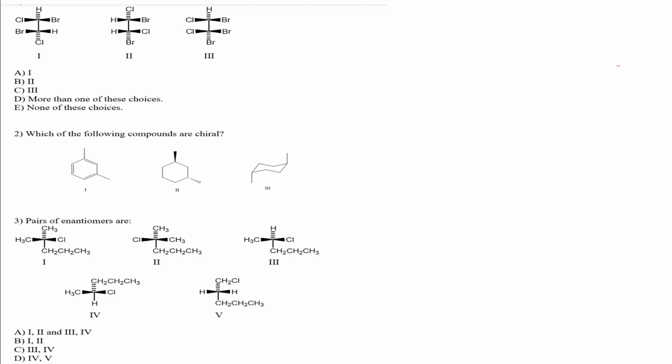For question 1, we're asked to find which one is the achiral molecule. Alright, well, if something is achiral, it just means that the carbon is going to have two of the same groups together, usually, right? So, for instance, this carbon right here would be classified as achiral. Why is it achiral?